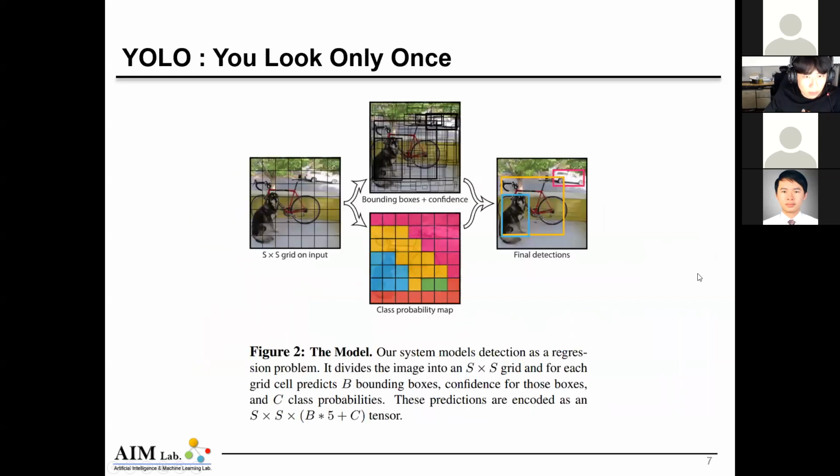So now I will talk about the 1-stage detectors. The first one is YOLO, You Only Look Once. It is very simple; unlike Faster R-CNN, they don't use anchor boxes. Rather than using anchor boxes, they cut the image, or the features, into a fixed-size grid, like an S by S grid, and for each grid cell they put the patch into the layers to propose the box and the class.